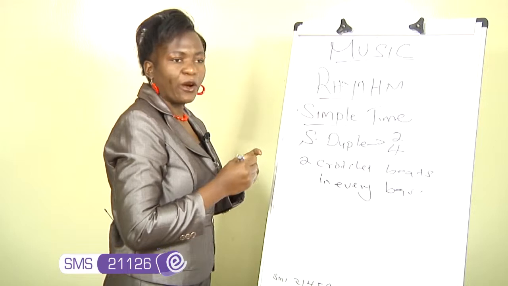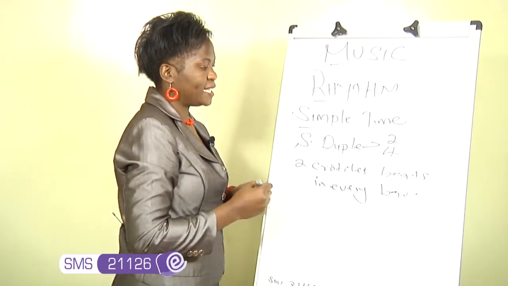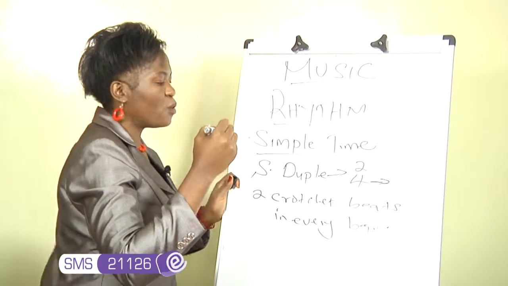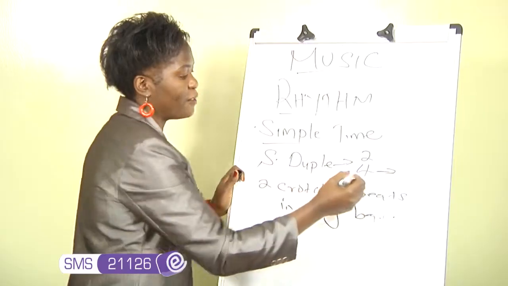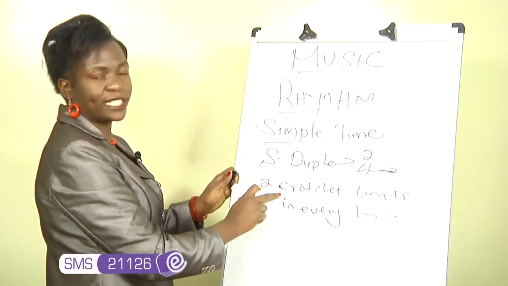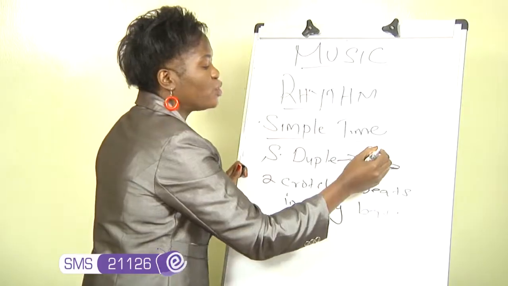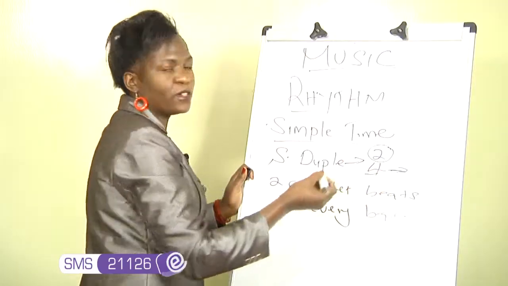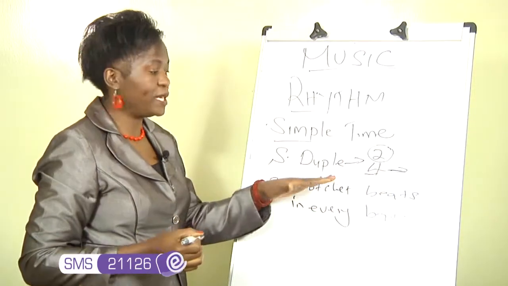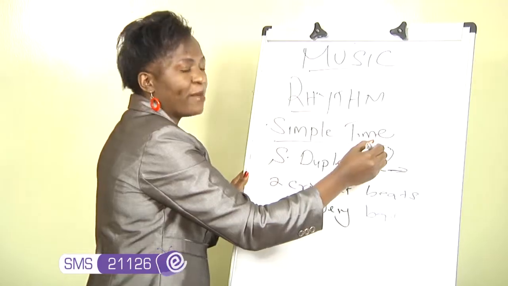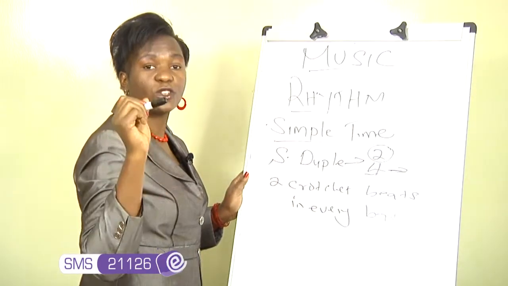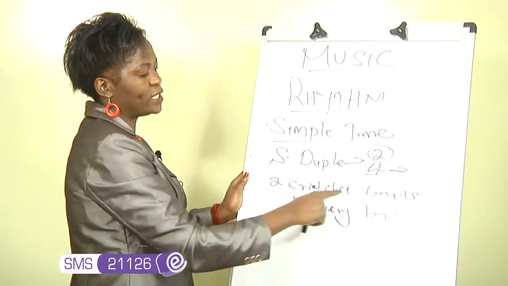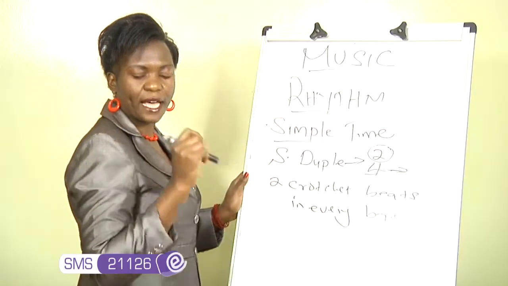Looking at this, 4 is the figure that shows us which beat it is. The 4 shows that we are having crotchets, and the 2 tells us the number of crotchets. So the number 4 shows which note is being used, and the number 2 shows us how many of those notes are in that particular bar. That's why we are saying there are 2 crotchet beats in every given bar.